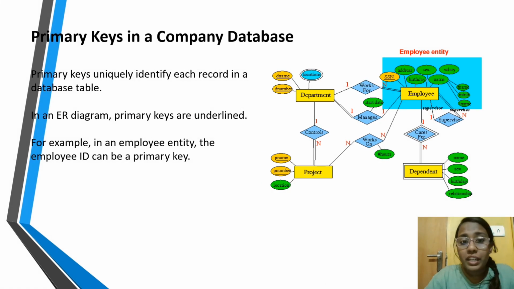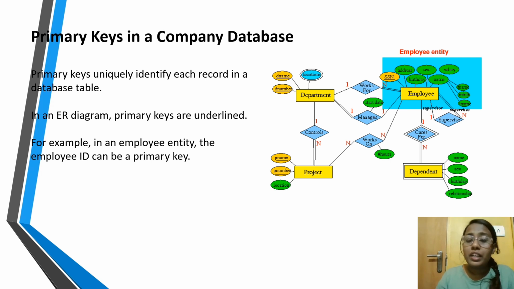Now, the primary keys in the company database. Primary keys uniquely identify each record in a database table. In an ER diagram, primary keys are underlined. So for example, in the employee entity, the email ID can be a primary key. So here the D name, the D number, the P name, the P number, all these are underlined. So these are primary keys. They uniquely identify each record in a database table.